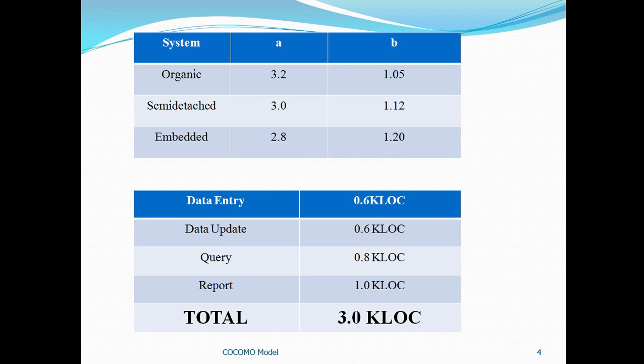In the organic project the A value is 3.2, whereas in the semi-detached it is 3.0, so the value changes because the complexity of the project is different. Similarly, the B value is 1.05 for organic and 1.12 for semi-detached, so here also the values are different, based on the project complexity and type. The last one is embedded, which also differs from the other projects, because the values are determined by the complexity of the project.